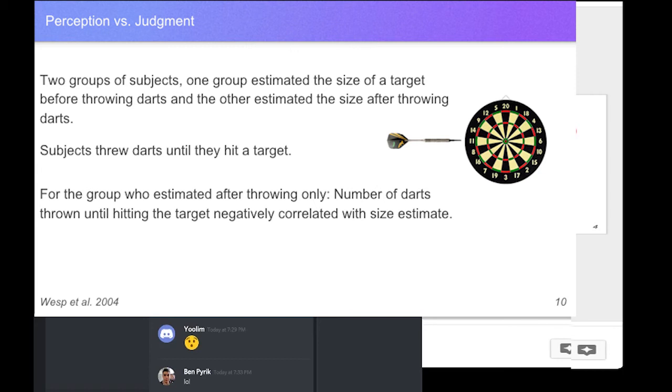So in other words, if they had to throw the darts more times to eventually hit the board, they perceived the board as literally smaller. That increased effort leads to this change of perception where the board is perceived as smaller than it was before. Now, this is another example where we're able to replicate it and show that this is not exactly what's going on.